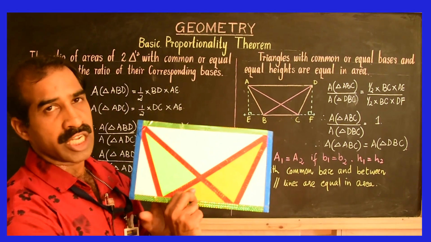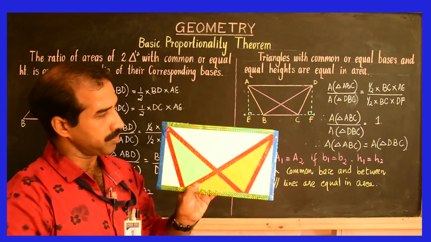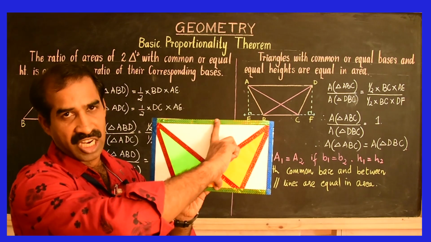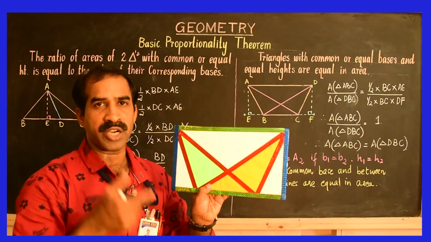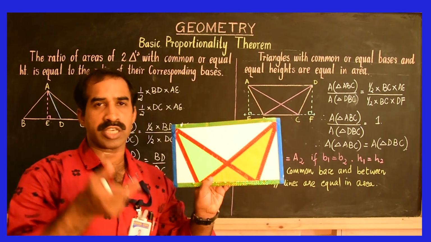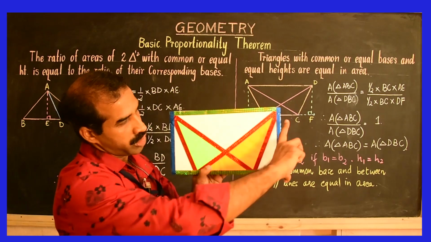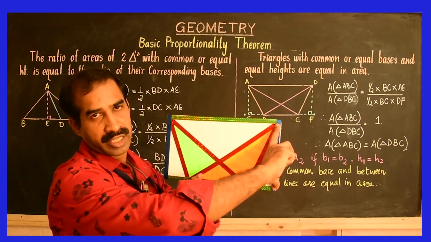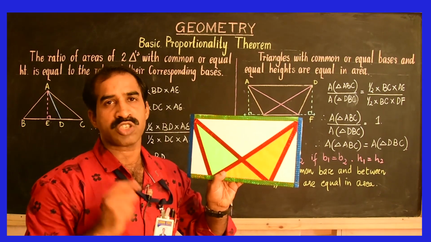Now these two triangles, triangle ABC and triangle DBC, lie between two parallel lines, and the perpendicular distance between the two parallel lines is always the same. Therefore, AE is equal to DF, that is, the height of the first triangle is equal to the height of the second triangle.